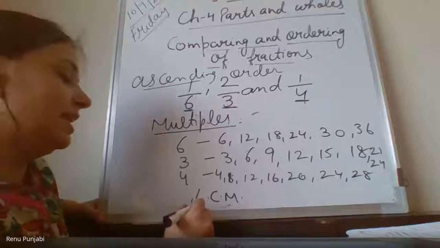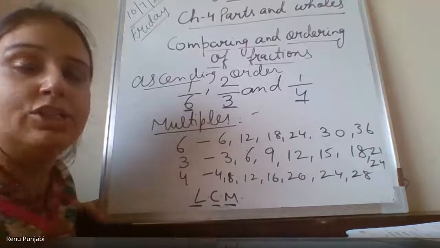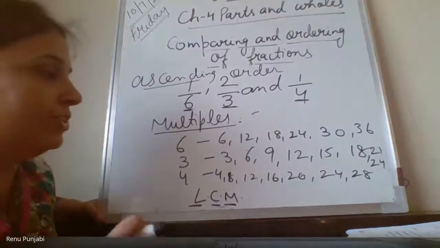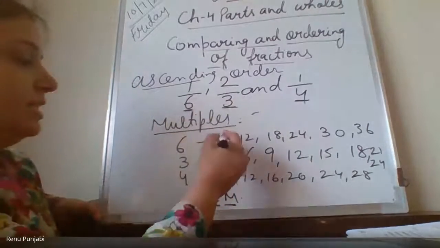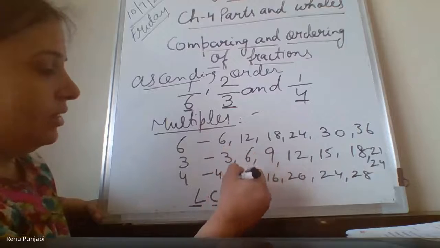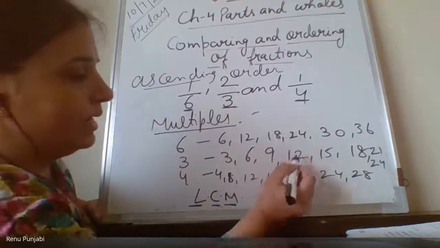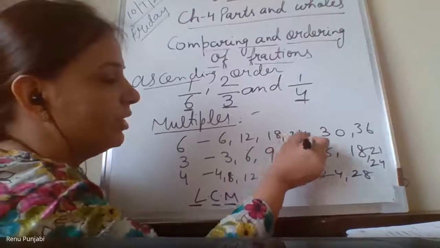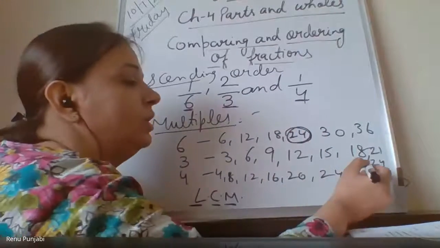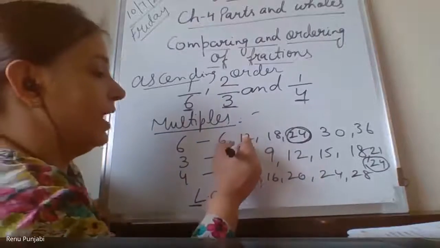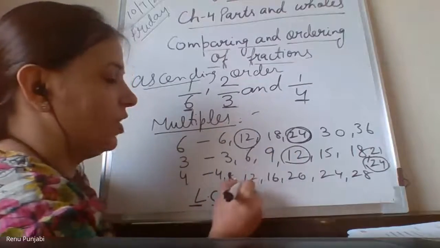Now we will see which is the least common multiple. Least common multiple means the multiple which is in all the three numbers. 6 is not there, 3 is not there, 12 is there.